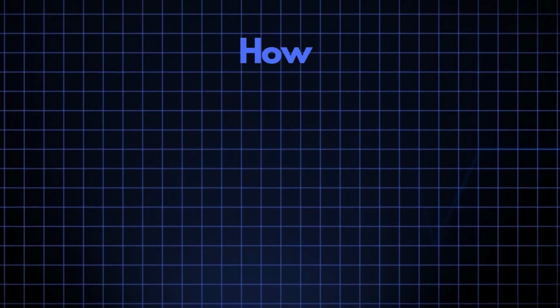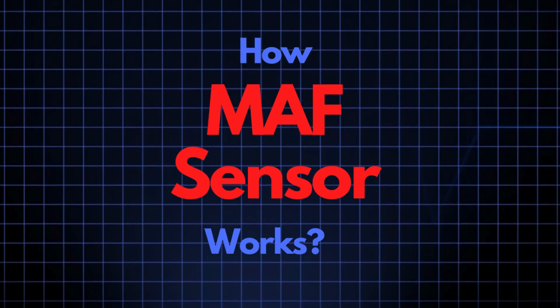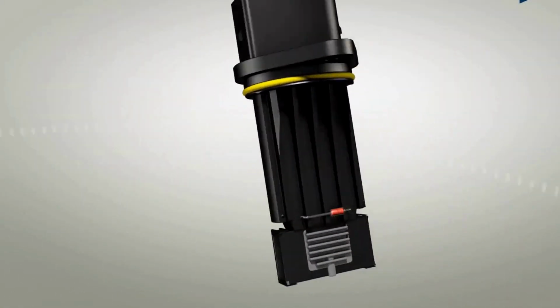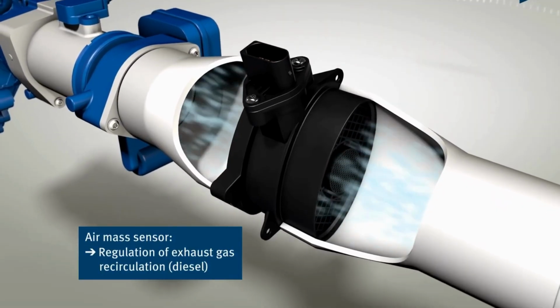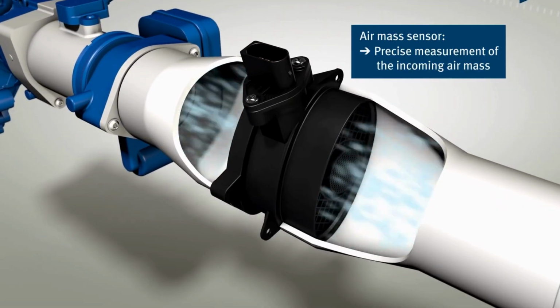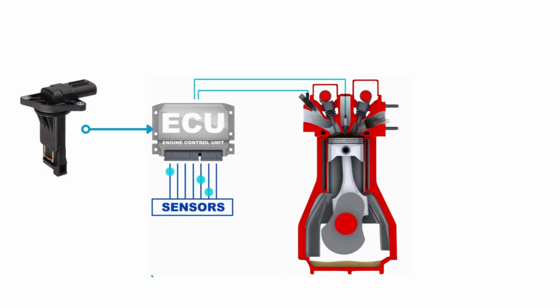Now let's talk about what the MAF sensor actually does. The mass airflow sensor is responsible for measuring how much air, and how dense that air is, entering the engine. And this information is extremely important because the engine control module relies on that data to calculate the correct air-fuel ratio for efficient combustion.